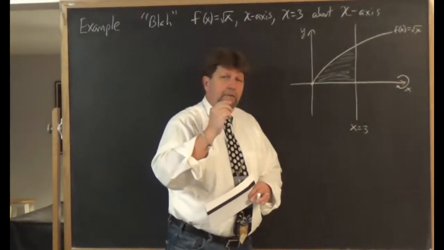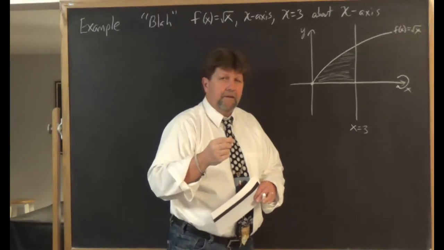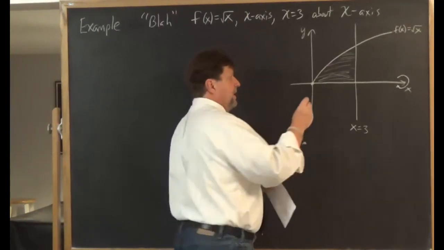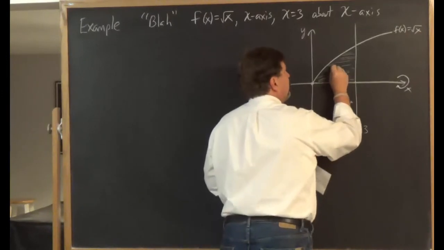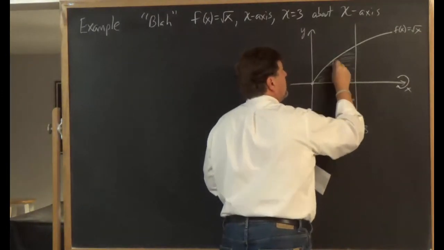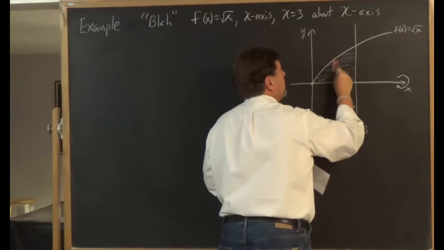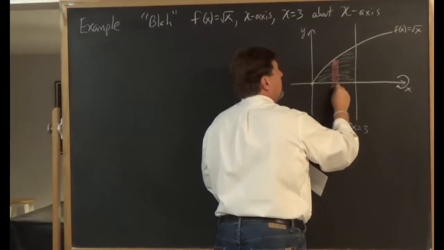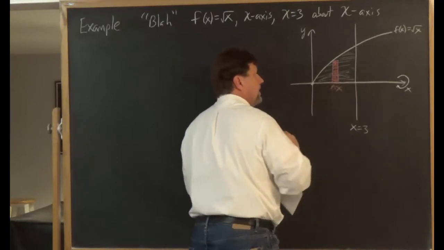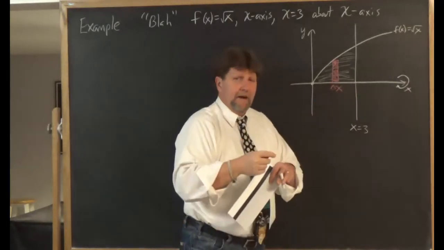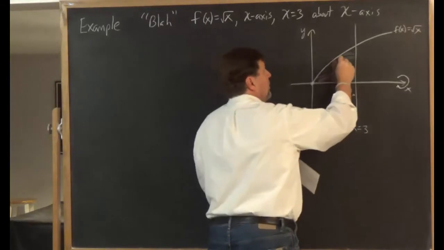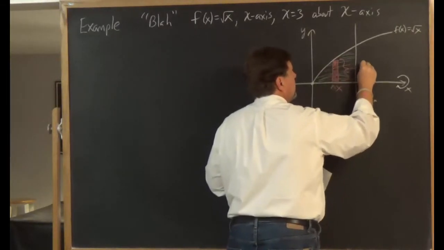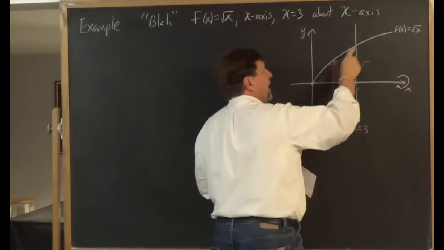I put in a representative rectangle. This whole process sounds the same as what we just did in the prior section. So here's my one representative rectangle. The base of this representative rectangle is delta x. And now the height of that representative rectangle is given by f of x.